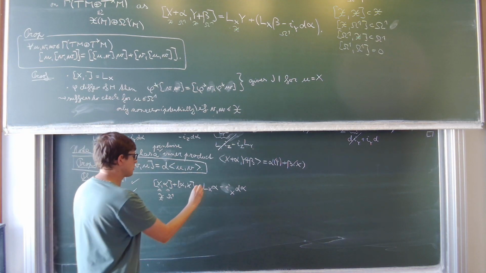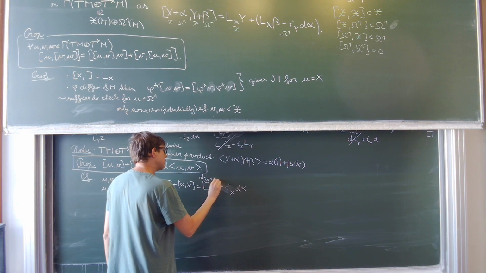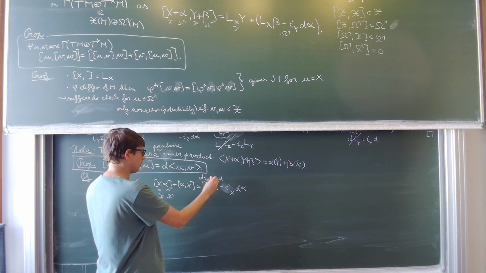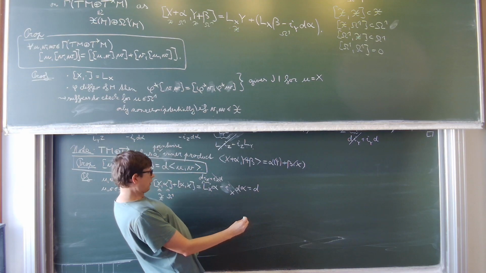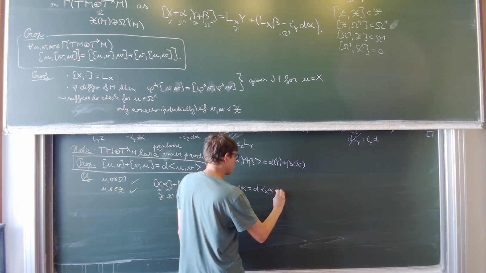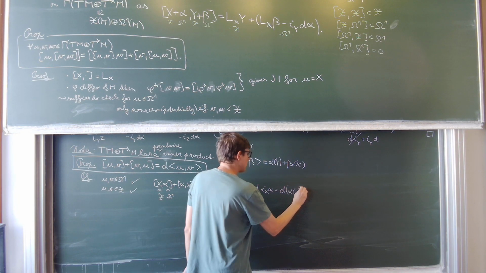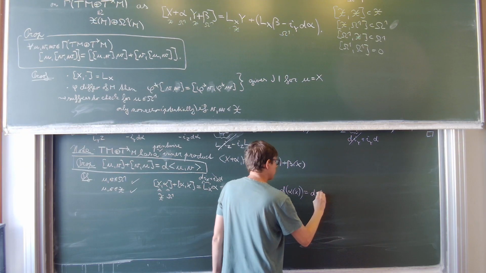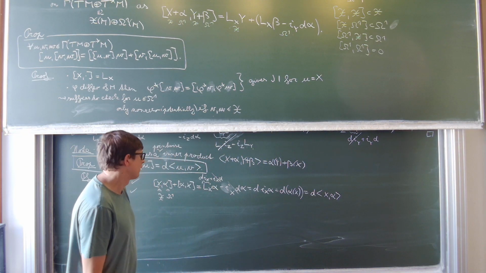And again, using Cartan's magic formula, this is d I_X plus I_X d. And the second one cancels with this, and what we are left with is d of I_X alpha. But I_X alpha is just the pairing of alpha with X, which is the same as the inner product. So that's it.